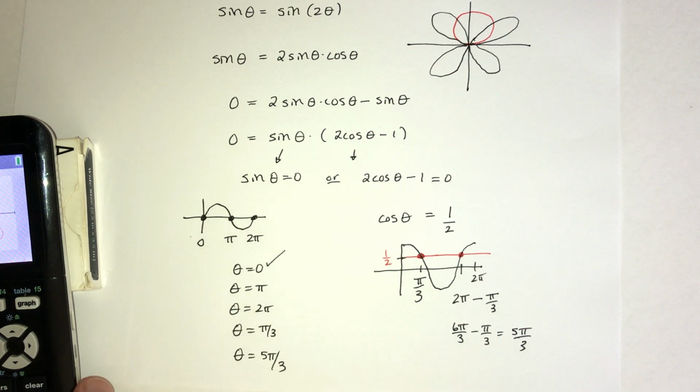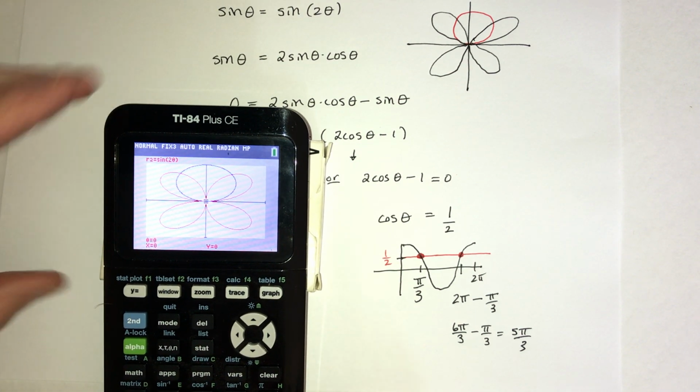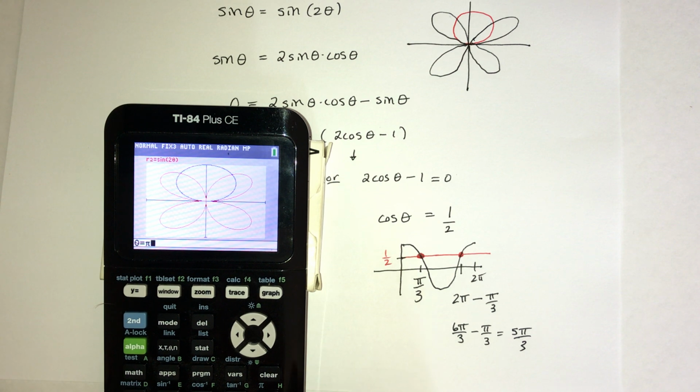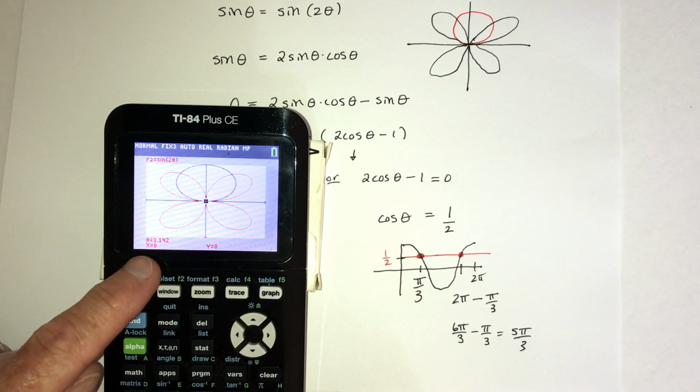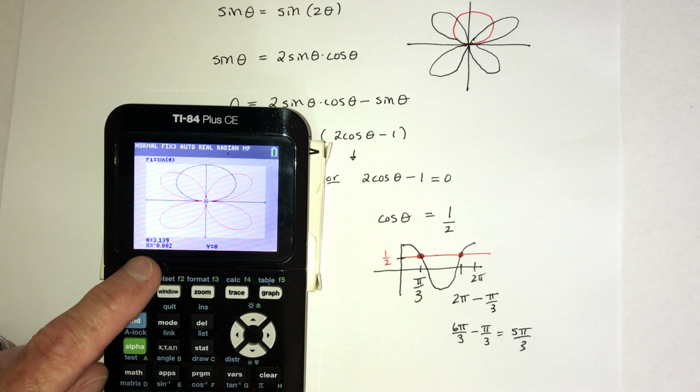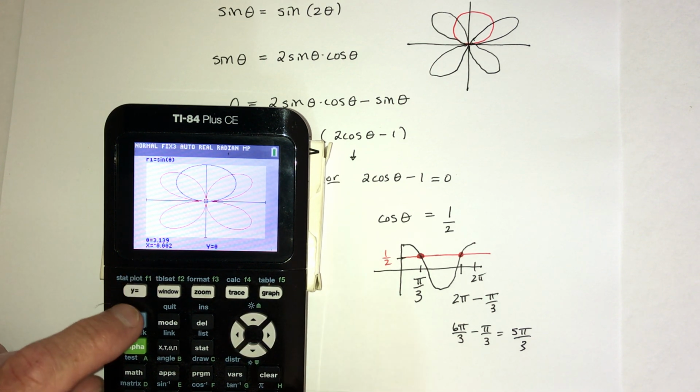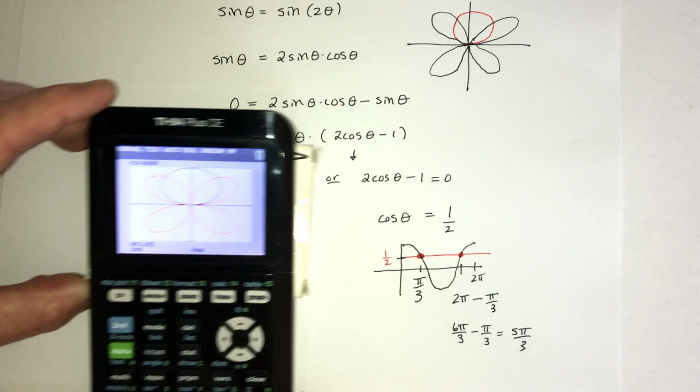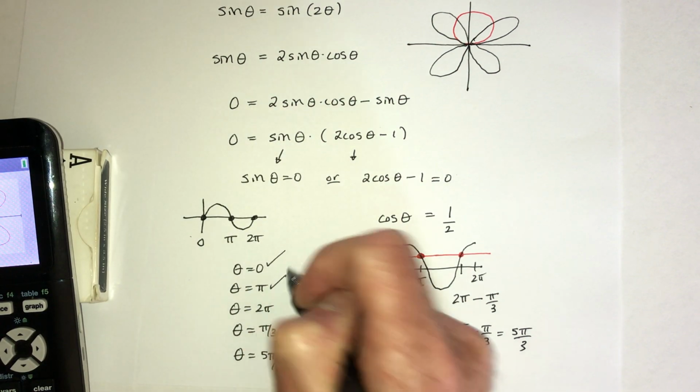Then what about pi? So if you put second pi, so right now on the red graph, it's at the origin. Then put the up arrow, and I'll need to type pi because it changed it just slightly. And it's in the same place. So that is a keeper.